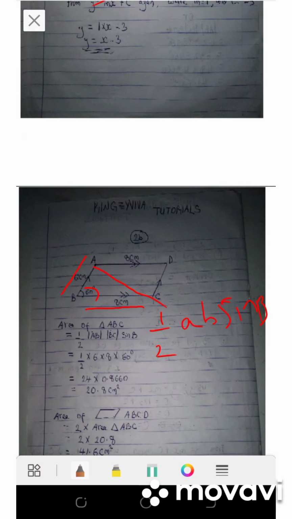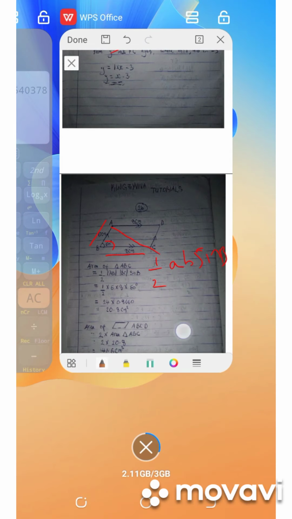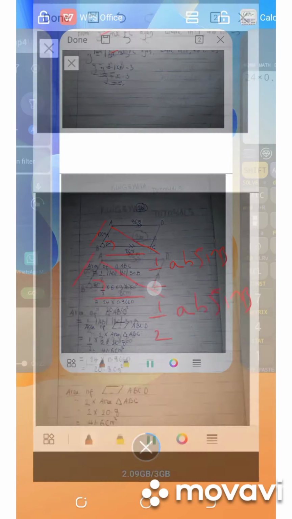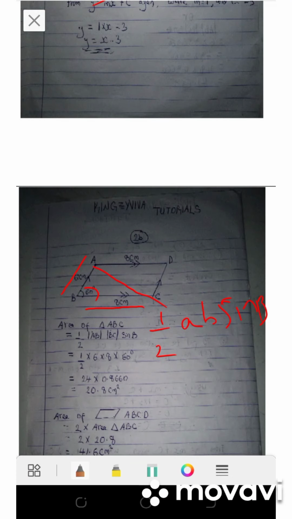So I put that here, and then 24 times 0.8660, I get 20.784, approximately 20.8 cm square.